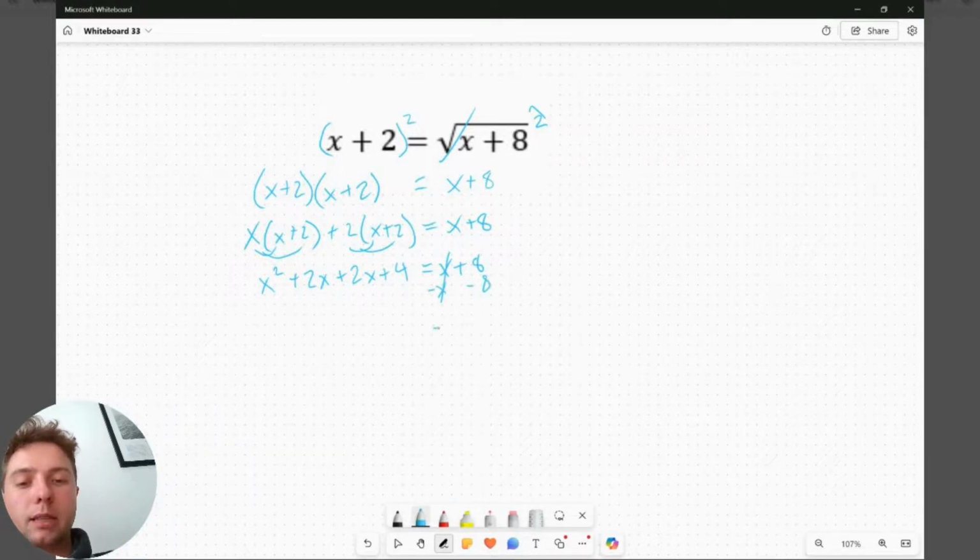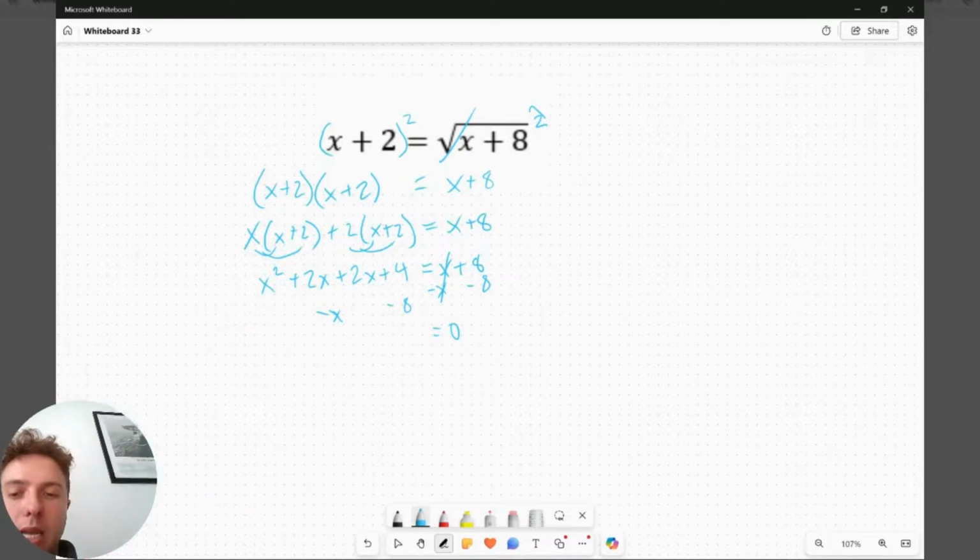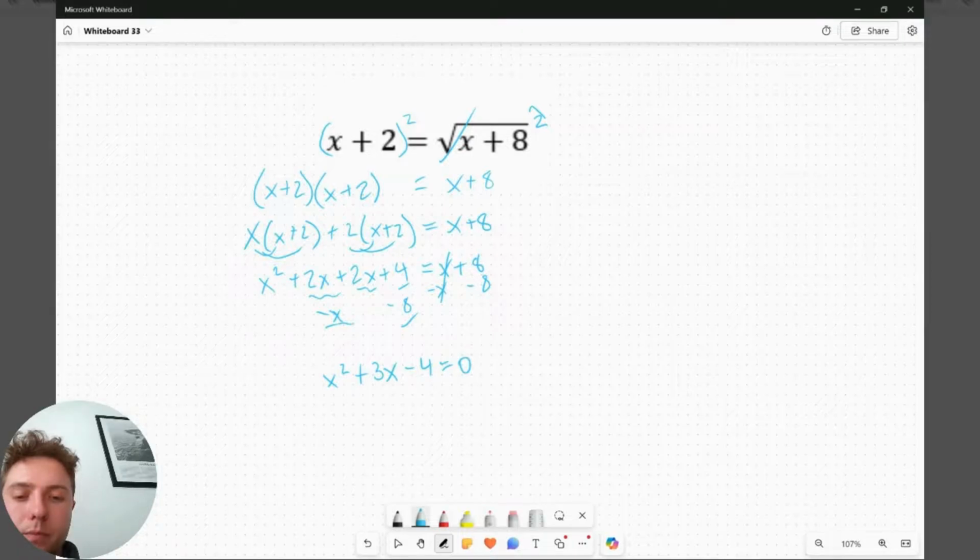So I need to make this equation equal to 0. I subtract x, I subtract 8 on both sides, combine our like terms. The x squared is just by itself. That did not have any like terms. The 2x plus 2x minus 1x, all of those x's combine to 3x. And the 4 and the negative 8 give us negative 4.